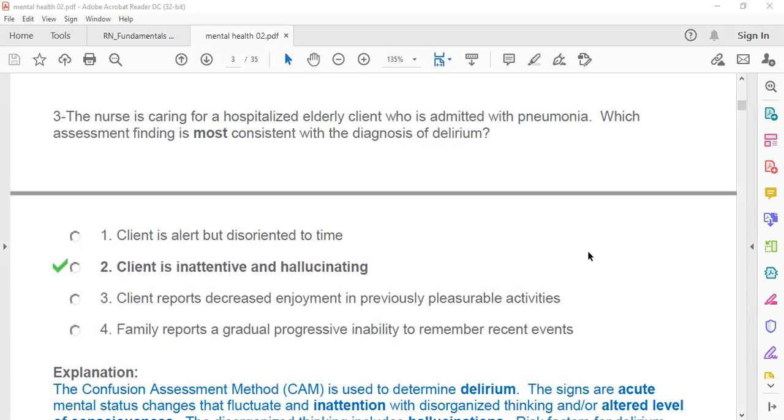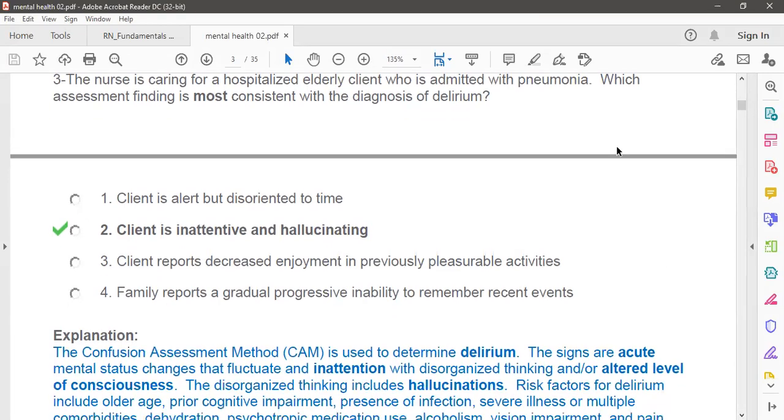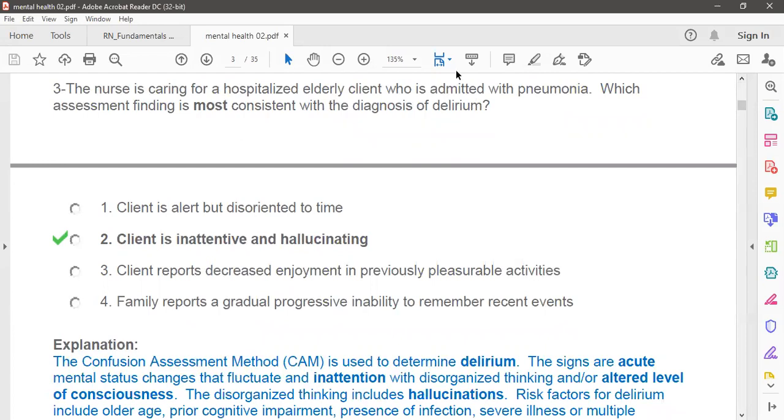I am sure every student knows what dementia is. Dementia means forgetfulness, but this question is not about dementia. Dementia has a gradual onset, and the patient's level of consciousness and vital signs are usually unchanged.